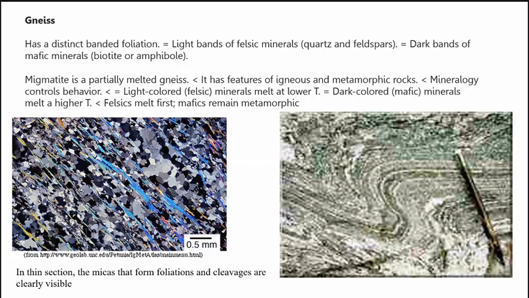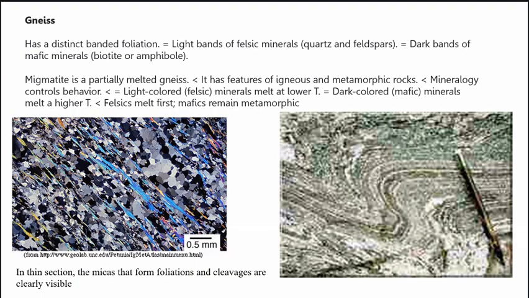We've already seen a gneiss before. It has distinctive banding. What distinguishes gneiss from the schists is the banding. I've already explained that to you.